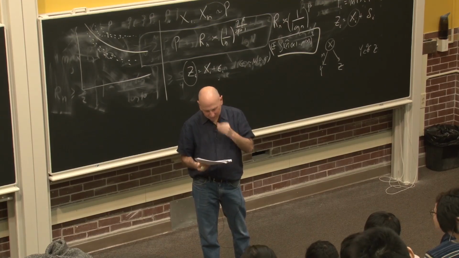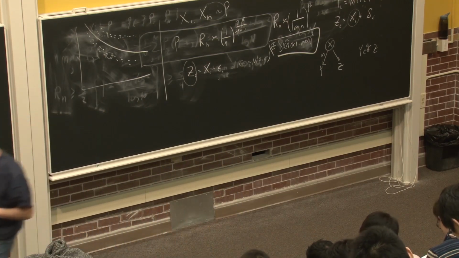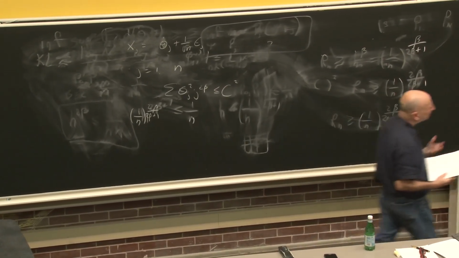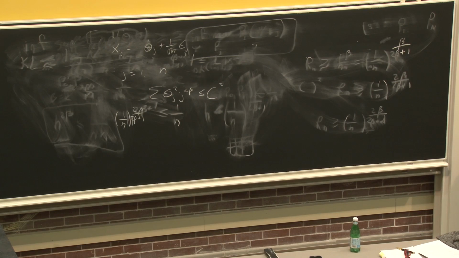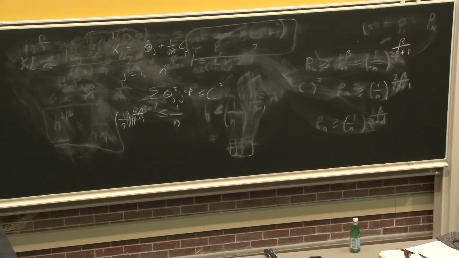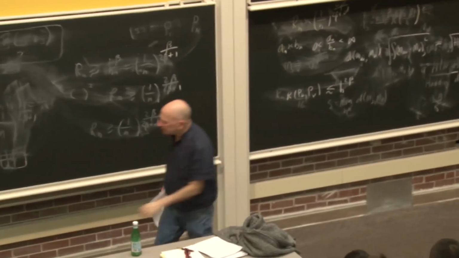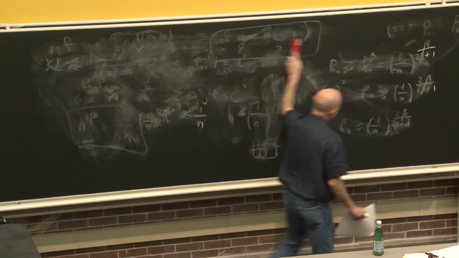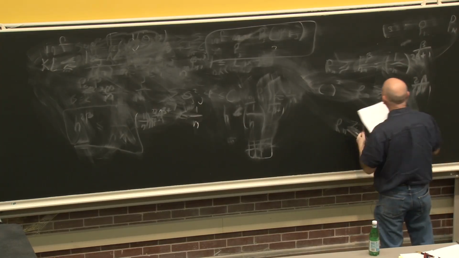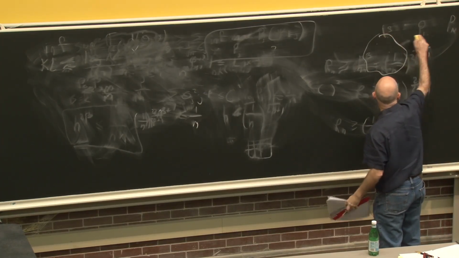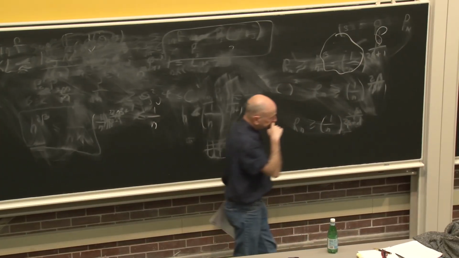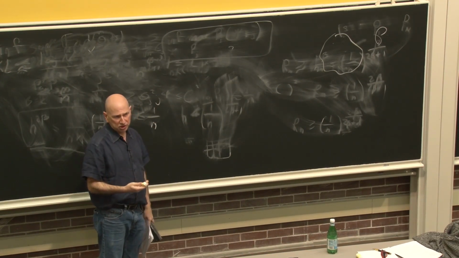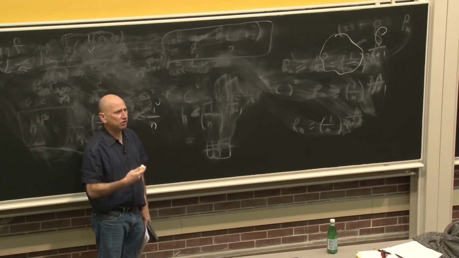Maybe the last thing I have time to mention is, you might wonder, is there a general way to figure out these minimax bounds? Roughly speaking, there sort of is. If I give you an arbitrary set of distributions, and I put a metric on these distributions, this could be total variation distance or some other distance.